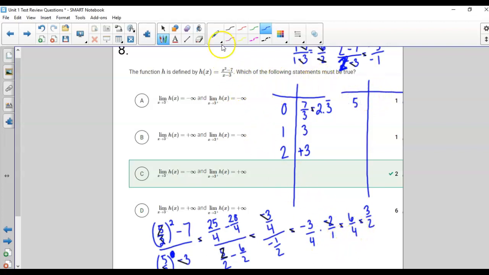So you got 25 minus 7 over 5 minus 3. 25 minus 7 is going to give you 18 over 2, which will give you 9. 4, you're going to have 16 minus 7 over 4 minus 3, which is going to give you 9 over 1, so also 9.